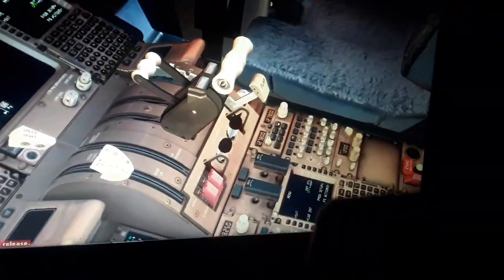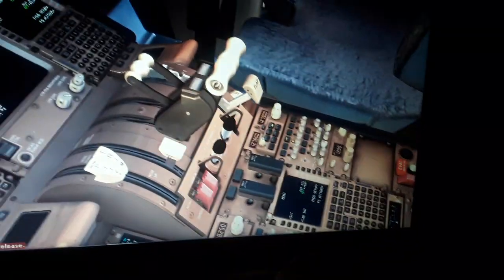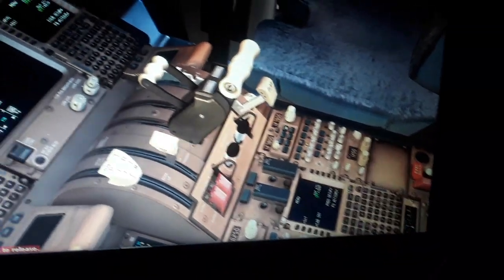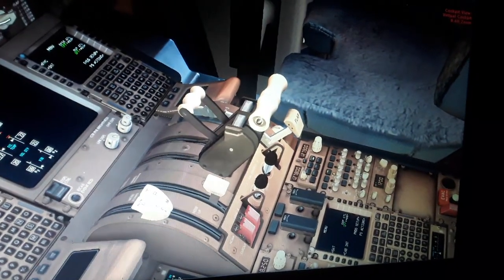We have the thrust levers. You can see the takeoff ground. We can use the thrust reverse. If I have the speed brakes extended, use the thrust reverses like this.